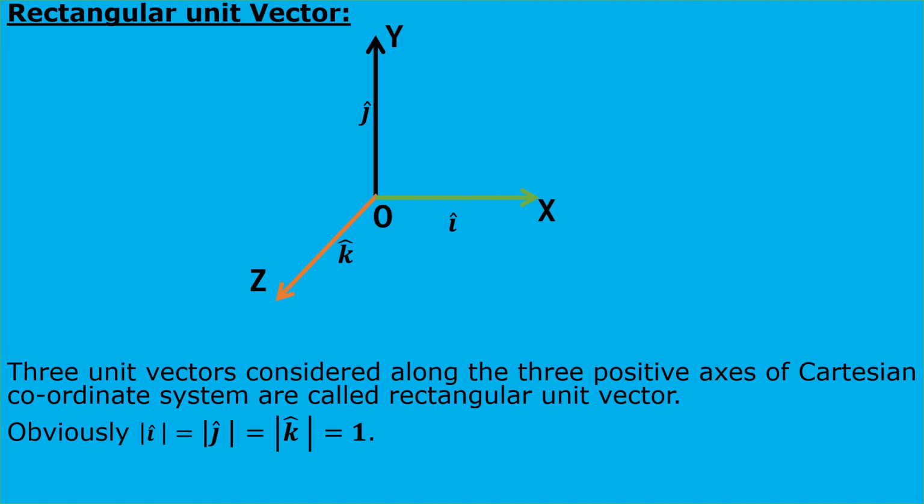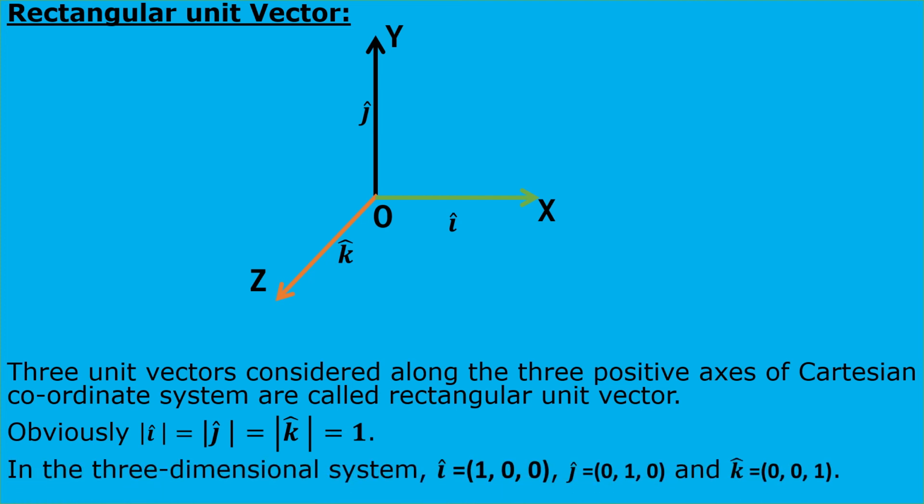So the absolute value of I vector equals the absolute value of J vector equals the absolute value of K vector, which equals 1. And we also know on the x-axis the coordinates of y and z will be 0. So I equals (1, 0, 0), J equals (0, 1, 0), that means on the y-axis, and K, on the z-axis, equals (0, 0, 1). Clear?